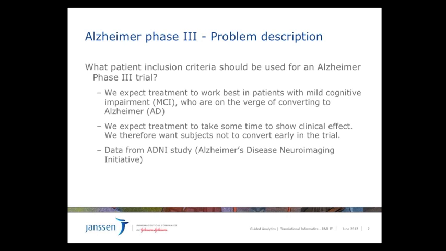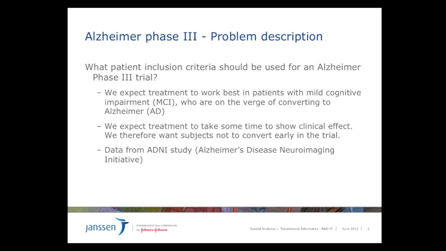Now, we don't want that conversion to happen too soon in the clinical trial, because the compound needs some time to work. So we expect that the patient needs to take the drug for at least a couple of weeks, maybe a couple of months, before clinical effects actually show up.